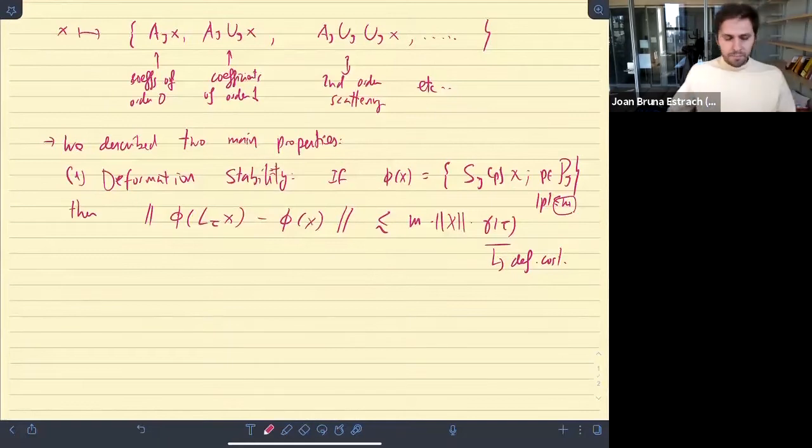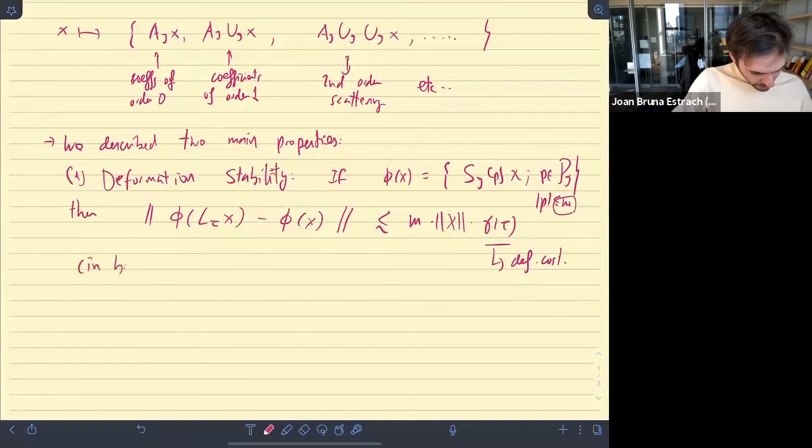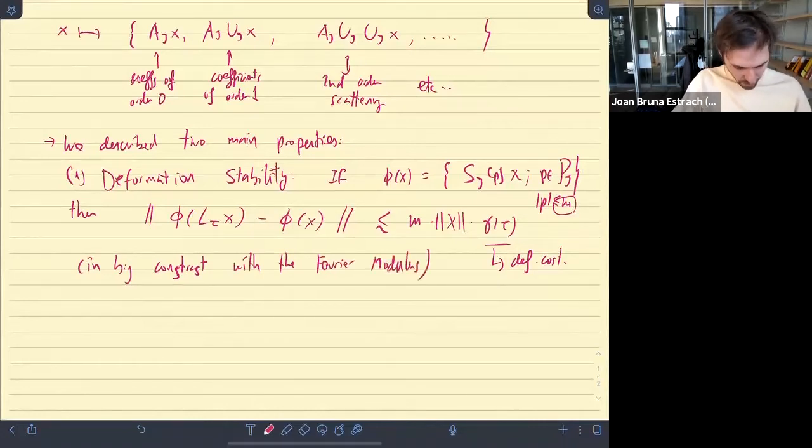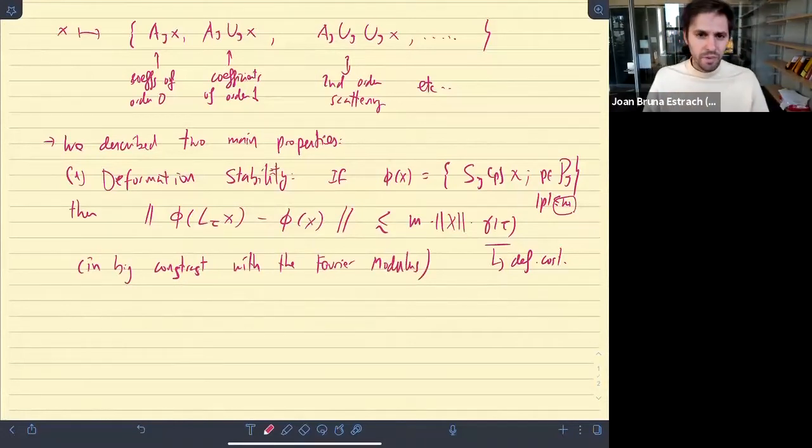Right, and so this is in big contrast with the Fourier modulus. Remember that the Fourier modulus, we saw a couple of lectures ago, didn't satisfy the stability property.